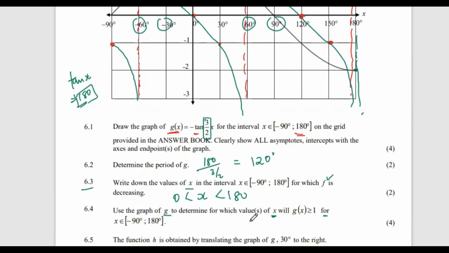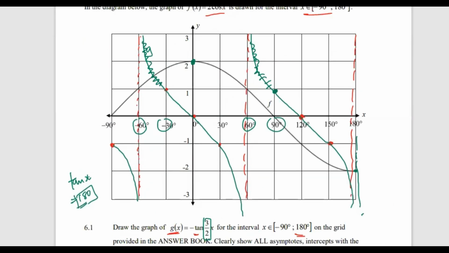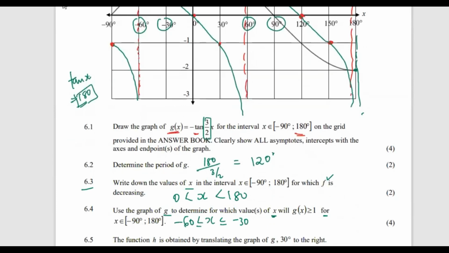So we're saying negative 60 is less than x, less than or equal to negative 30. And then the other one: why am I saying equal to with 60? Come on. It's an asymptote. It's not going to cut. So that is not meant to be there. Then this is going to be the same story. We have 60 is less than x, less than or equal to 90. Something like that.